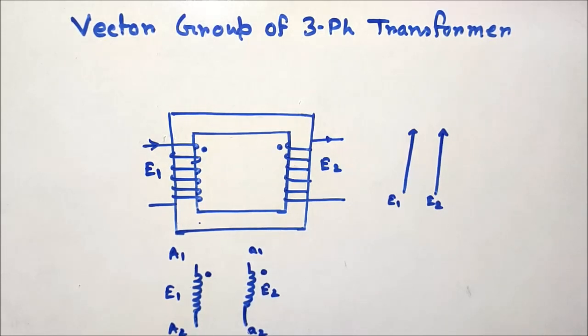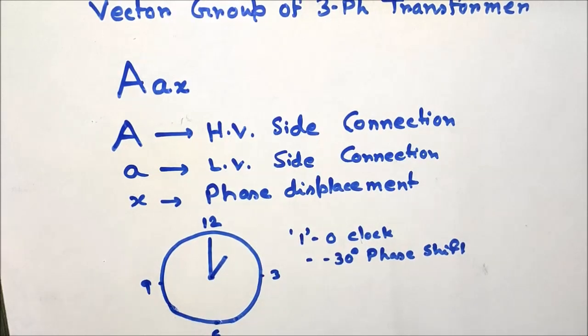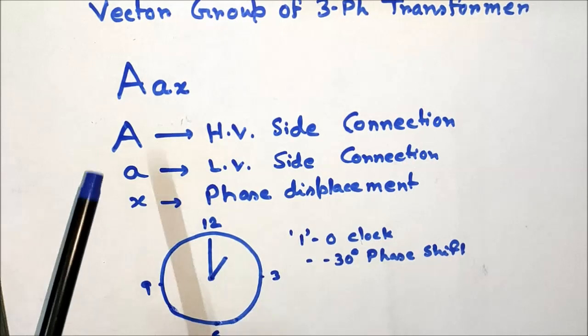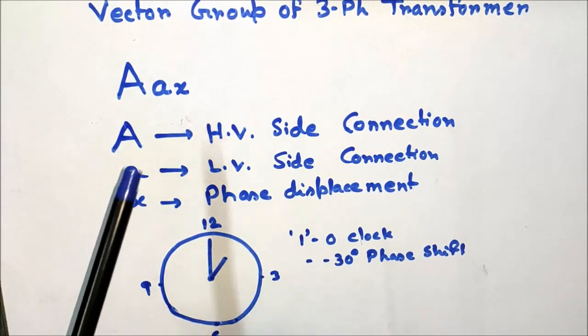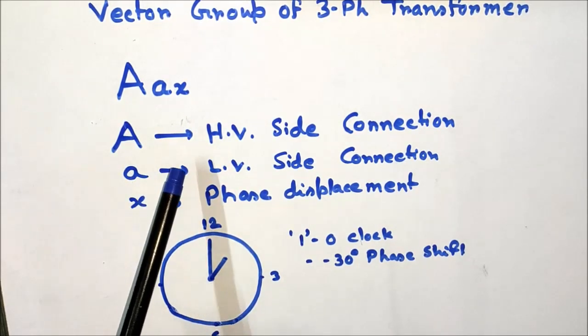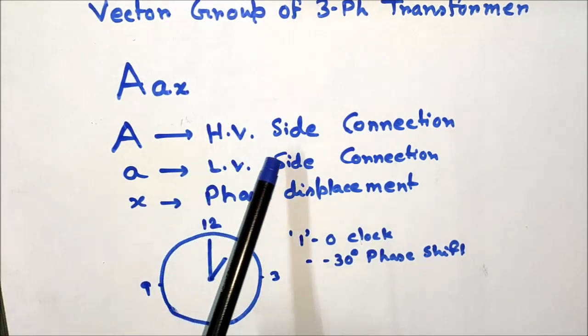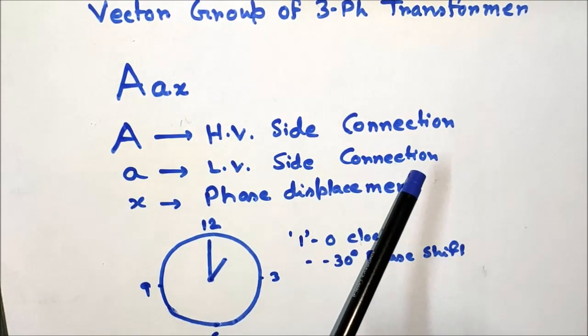Now we'll discuss the vector group. To represent the vector group of a three-phase transformer, in the notation, capital A represents the HV side connection of the transformer.